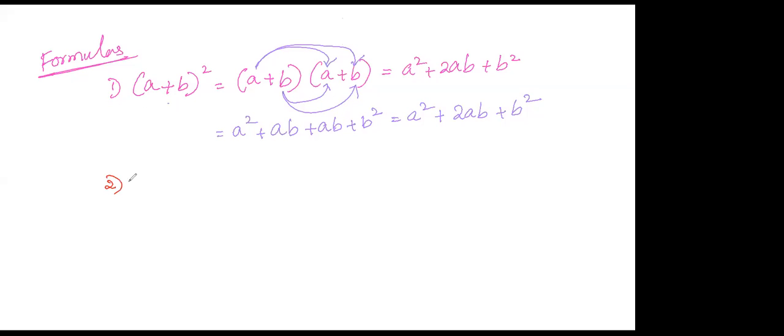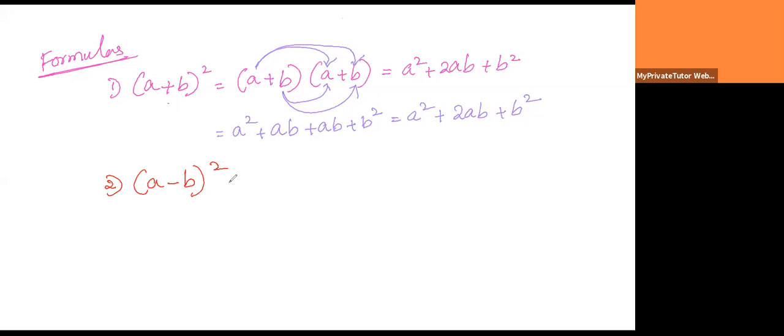Yes, sir. So similarly, another formula, a minus b whole square. You just need to do the same, which is a minus b times a minus b. If you do that, we'll get the answer a square minus 2ab plus b square. If you want me to explain, I will quickly do that.